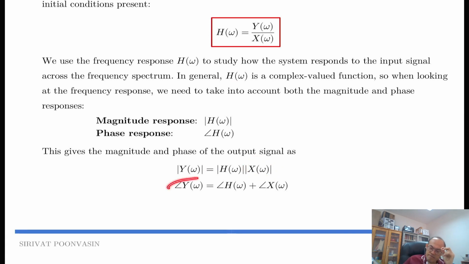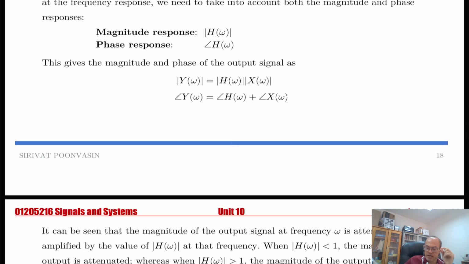On the other hand, the phase of the output would be the phase response plus the phase of the input.